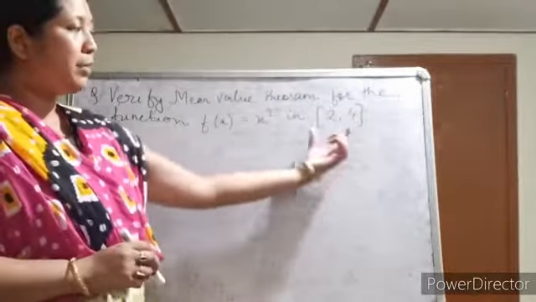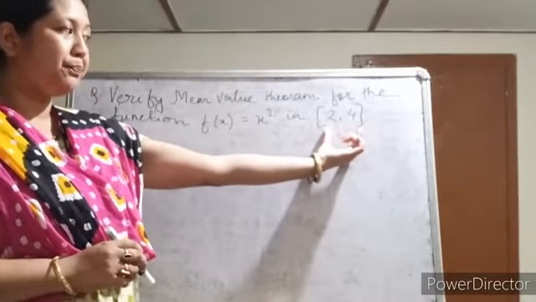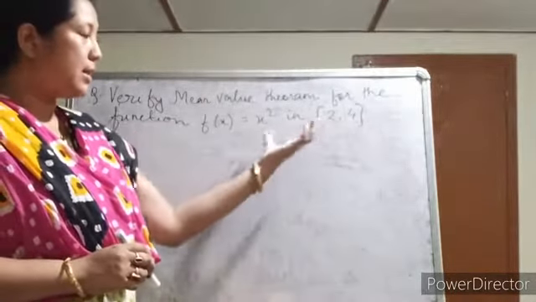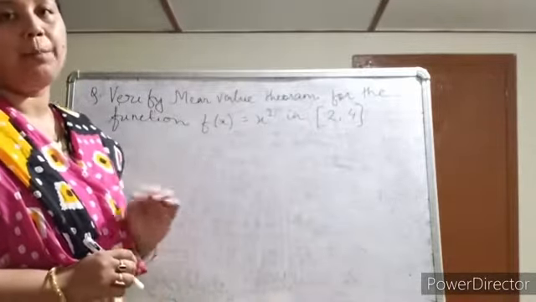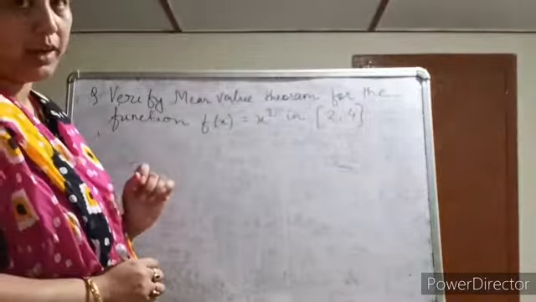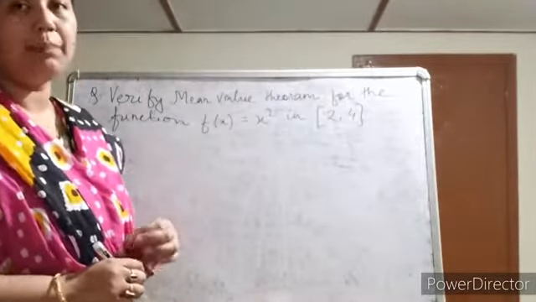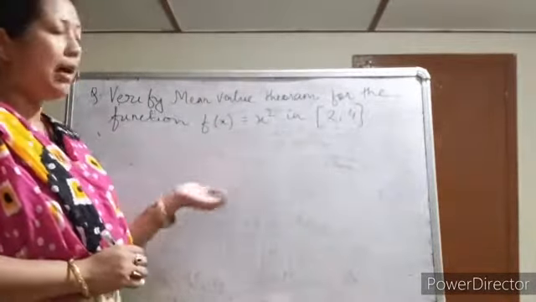In this interval we have to find a particular value c. So how shall we find the particular value c? I will now explain.